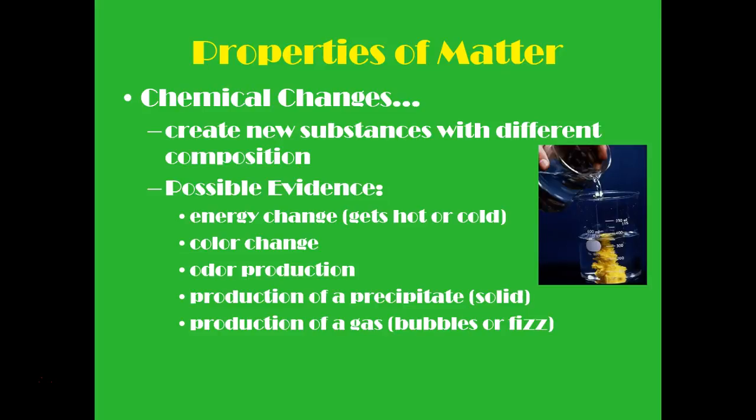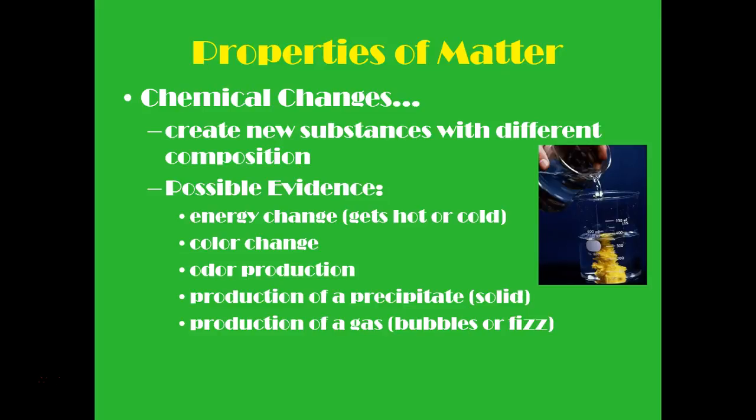If something didn't smell originally and all of a sudden there's a new odor, a chemical change has probably occurred. Then there's precipitation, that's what's shown here on the picture to the right. Sometimes you can dump two colorless liquids together and a solid is formed, and that's what we see there. There's a yellow solid, like a cloudy solid substance forming when you mix those two things together.